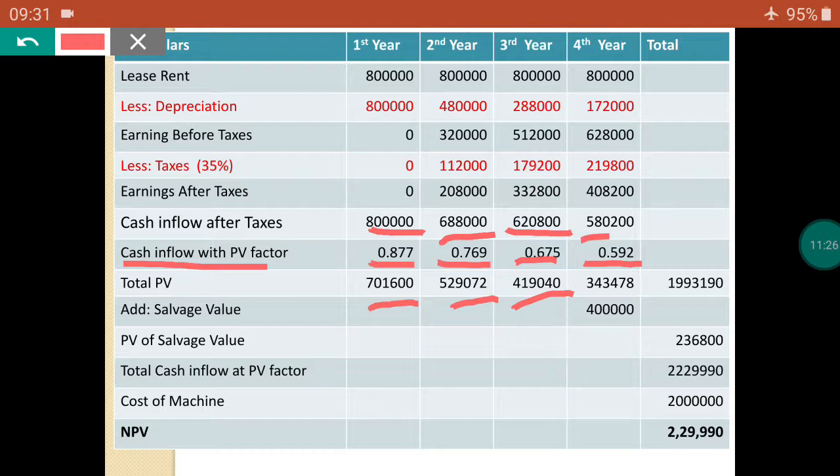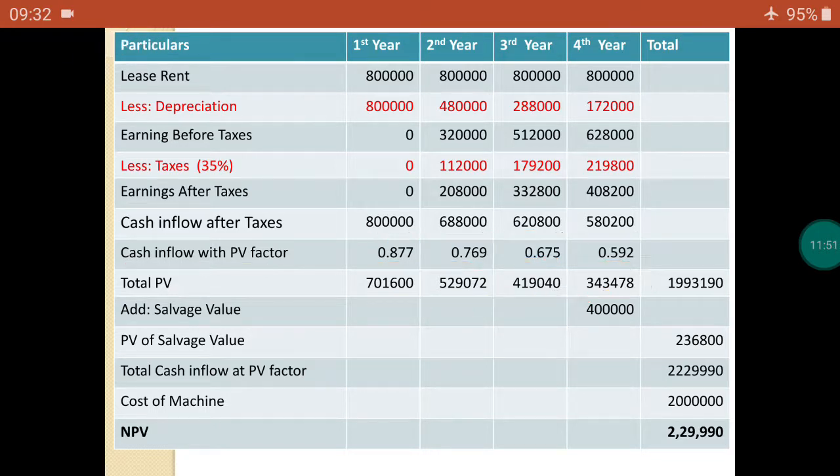Next, fourth year, the cash inflow after taxes is 5 lakh 80,200. The PV factor is 0.592. Okay, 5 lakh 80,200 into 0.592, you can get 3 lakh 43,478, and you can get a total PV.